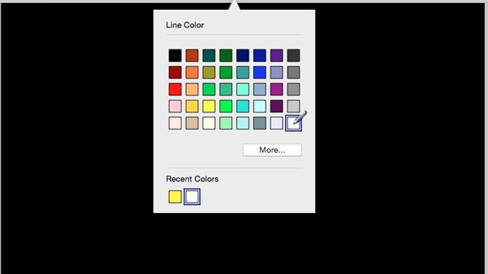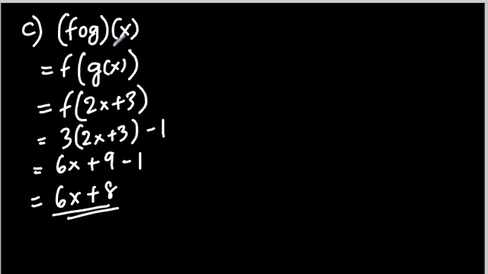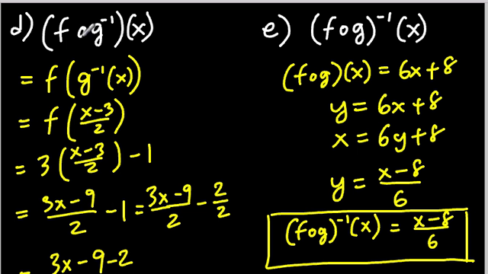And let's try it yourself. So here's f. What I want you to do is g of f inverse of x. Okay. So if you're at this stage, pause the video. And we found f of g inverse and the inverse of f of g.